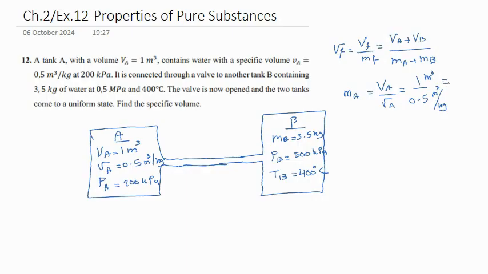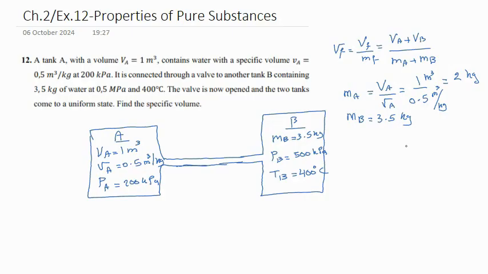This means this is 2 kilograms. So now we have mass of tank A, and we already have the mass of tank B, which is 3.5 kilogram. So now we have the total mass, which is mass A plus mass of B.